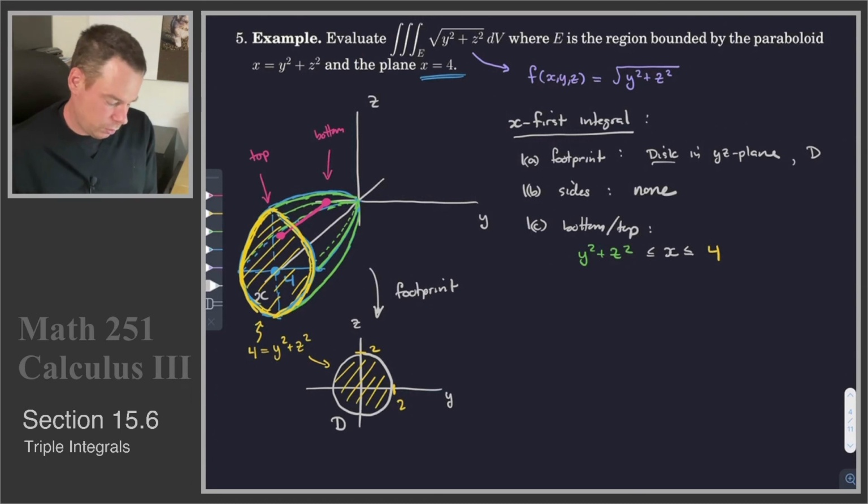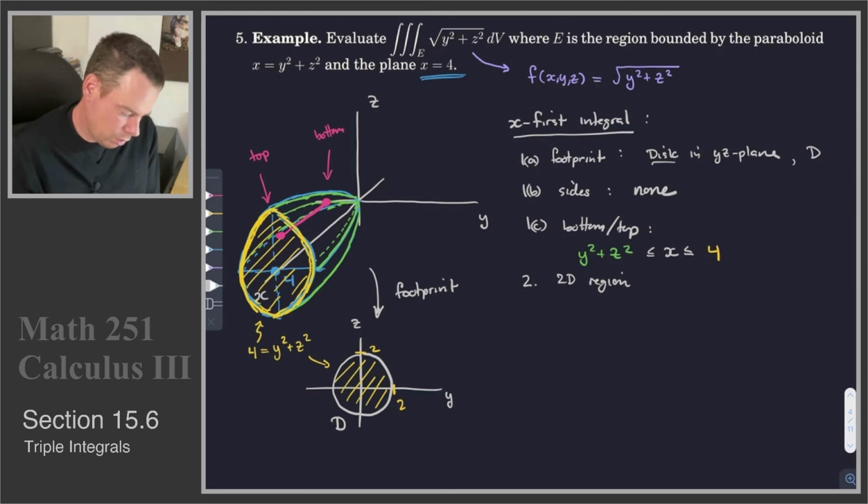So we've answered our first 3 questions. The last question we need to answer is about the 2D region. We've already got an idea of what the 2D region is. That's the footprint. Now it's really here where we indicate our integration plan for that 2D region. So that 2D region is the disk D. It's described by y squared plus z squared bigger than or equal to 0, less than or equal to 4.